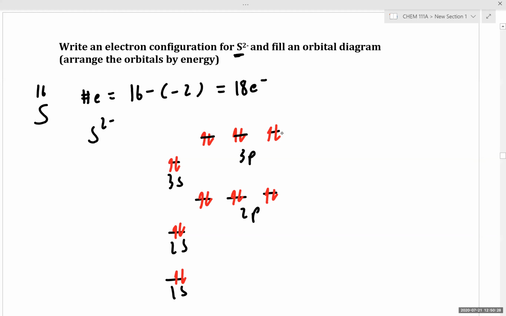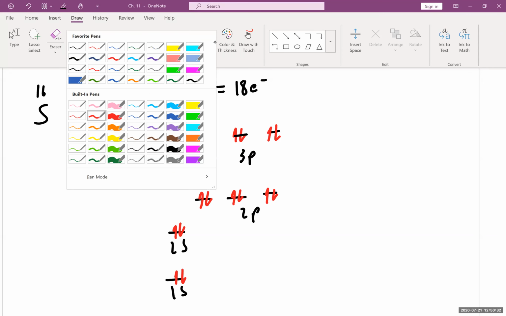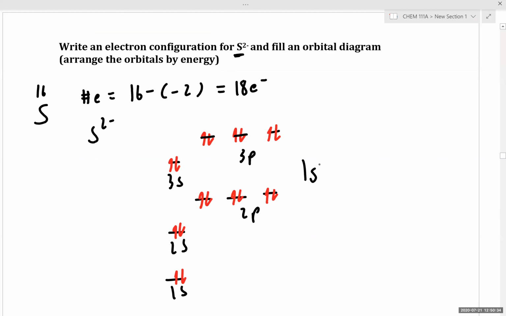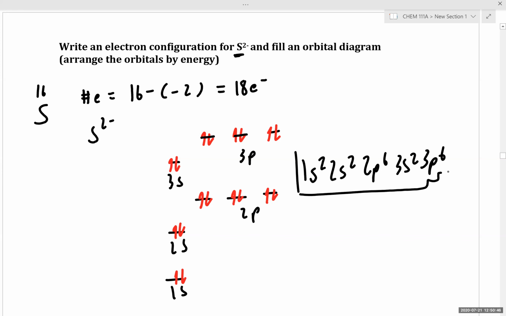Okay, perfect. So now we're going to write out our configuration by noting the number of electrons found in each orbital. So it would be 1s2, 2s2, 2p6, 3s2, 3p6. So this is the complete electron configuration for sulfur.